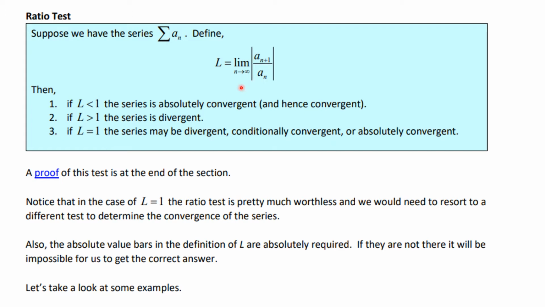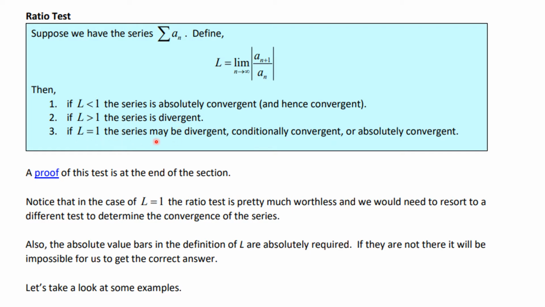And generally, here's what the proof does. We're trying to say this is the ratio of a sub n plus 1 to a sub n, which in a geometric series would be r. So you see, if r was less than 1, and we're saying eventually it becomes like a geometric series, that's where you get the absolute convergence and so on and so forth. If r is greater than 1, you know, and I know it's L here, but eventually if the series looks like a divergent geometric series, then it will be divergent.